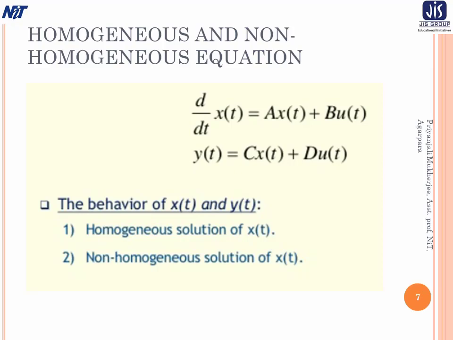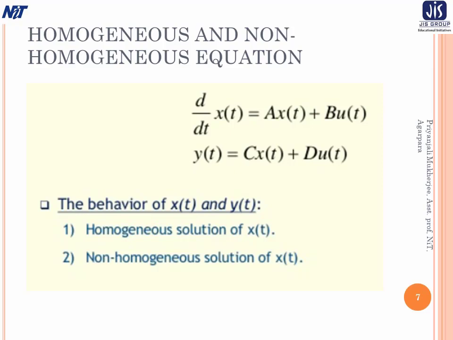So if we consider x dot is equal to Ax plus Bu, and u is equal to 0, then x dot t becomes Ax. Now this x dot t equal to Ax is actually the homogeneous part, and the Bu term is the non-homogeneous part of the state equation, and this is also known as the forcing function of the system.